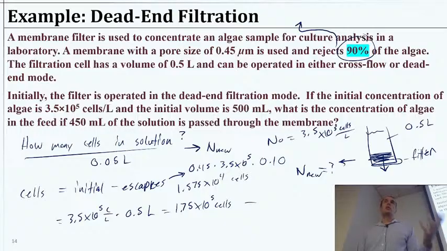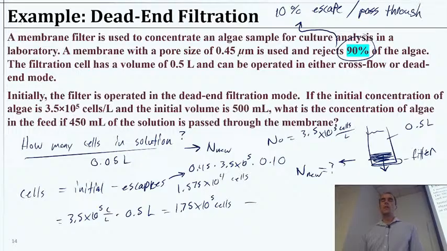But I wanted to show you that you can solve this type of thing just by understanding what's going on and what's going where. It's a mass balance approach. So this means that 10% escape or make it through the membrane. Rejection means that they are not allowed past.